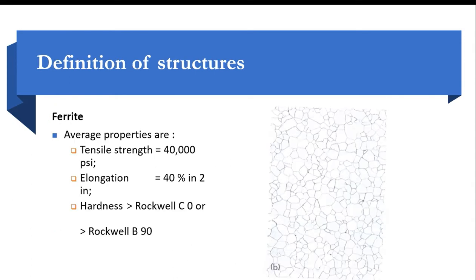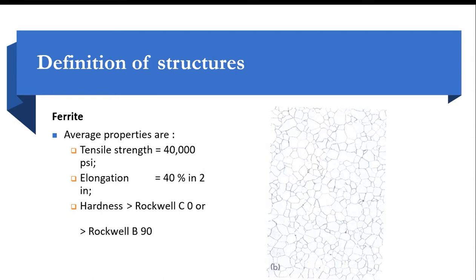the body centered structure. Then this is the kind of properties they have developed inside ferrite. The tensile strength is something like 40,000 psi. Then you can convert this into Pascal and kilopascal, what you use in the converters.